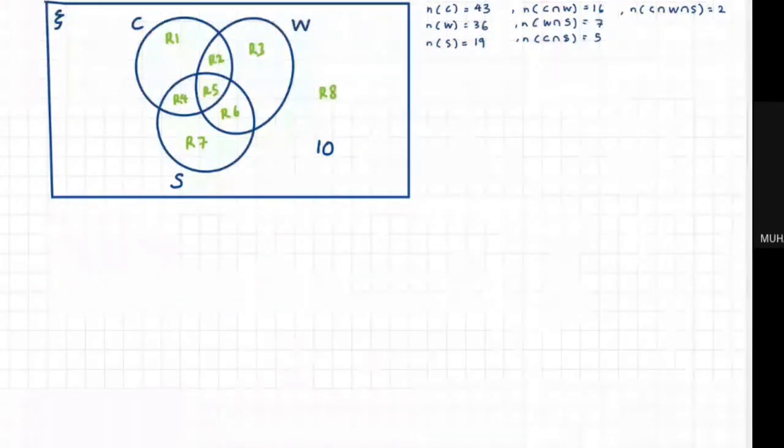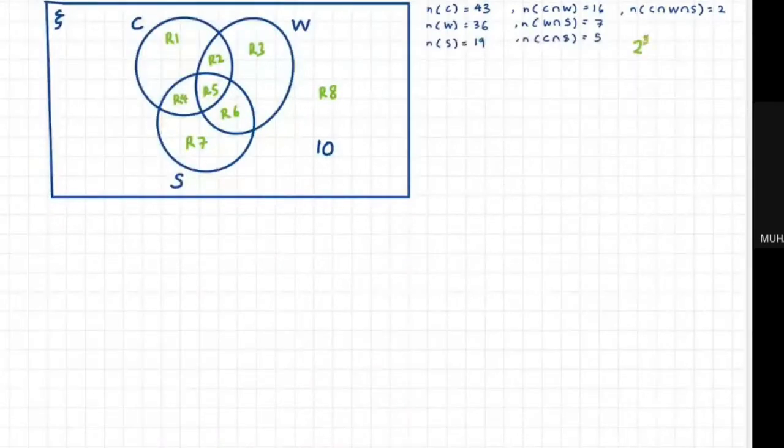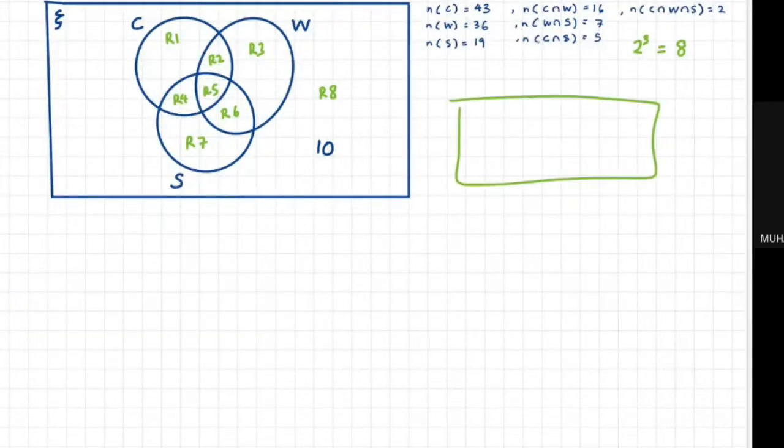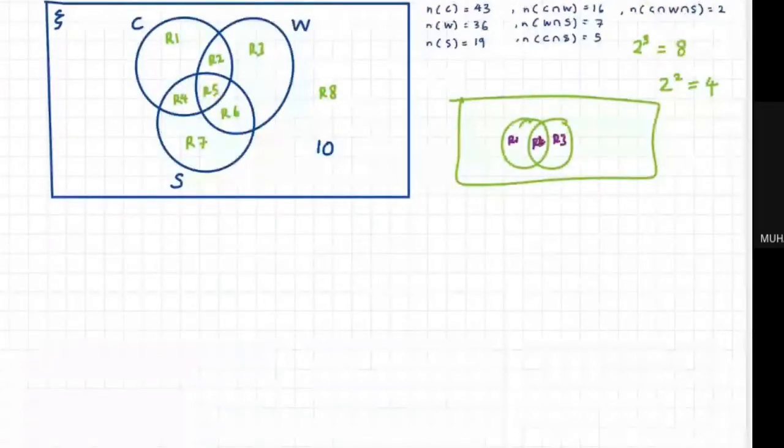Okay, it is from 2 power of the number of sets. So 2 power of 3, you will get 8. Let's say you have 2 sets here. So 2 power of 2, you get 4 regions. So this is region 1, region 2, region 3, and region 4.